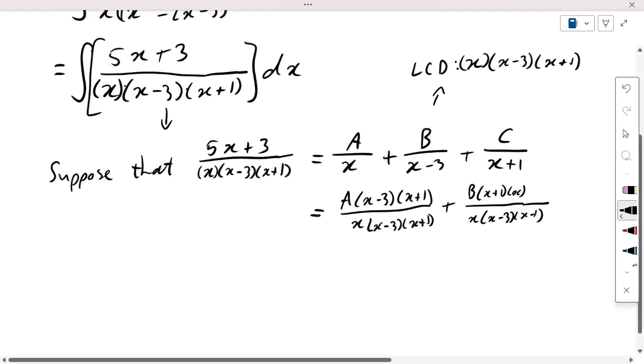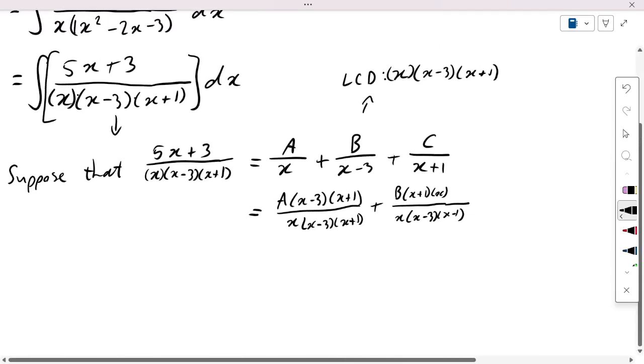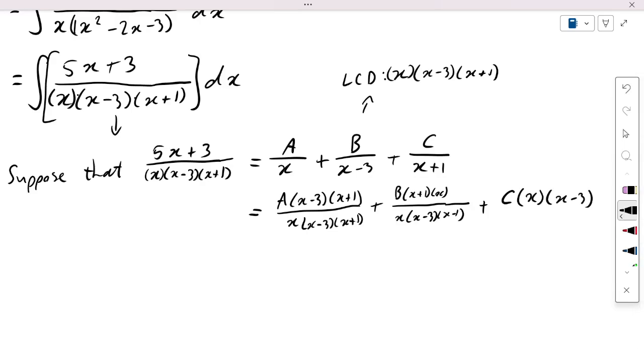And then let me just zoom out over here. Then we're going to have plus c divided by, well, I mean, on top over here, we're going to have c into what is missing, x and x minus 3. Okay, so now we're going to have x into x minus 3 into x plus 1. Okay, and then obviously we just need to write it into one fraction.